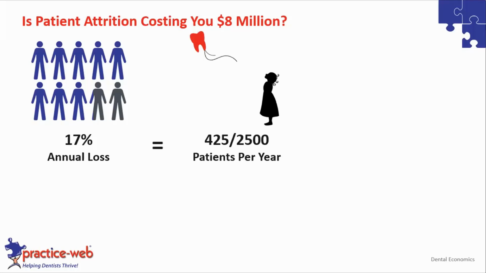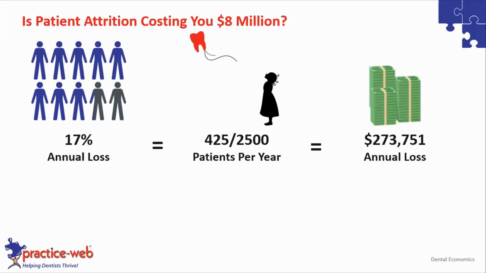Now, if you're looking at a practice with 2,500 active patients, that's like losing roughly 425 patients per year. Big problem. Now, that can result in an annual loss of more than $270,000 if you look at how much value each of those patients bring to your practice every year, and also how much treatment you could have been providing them, but now you can't because they left. So they lose out, you lose out.